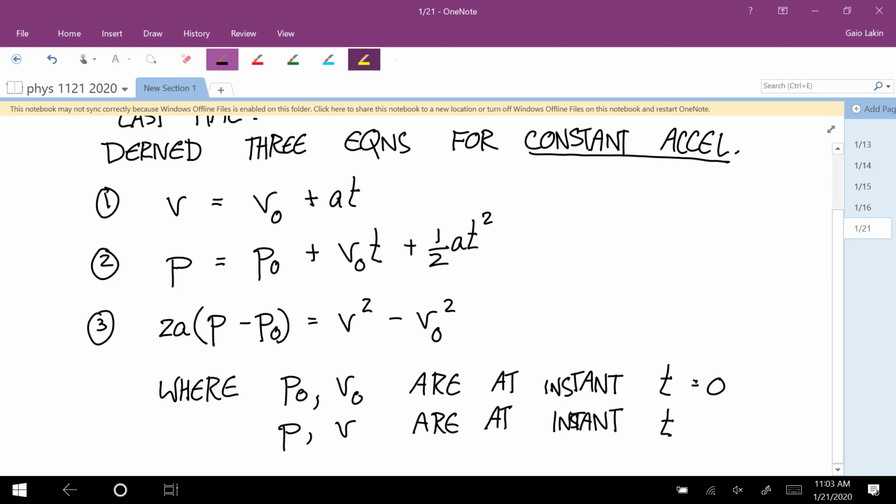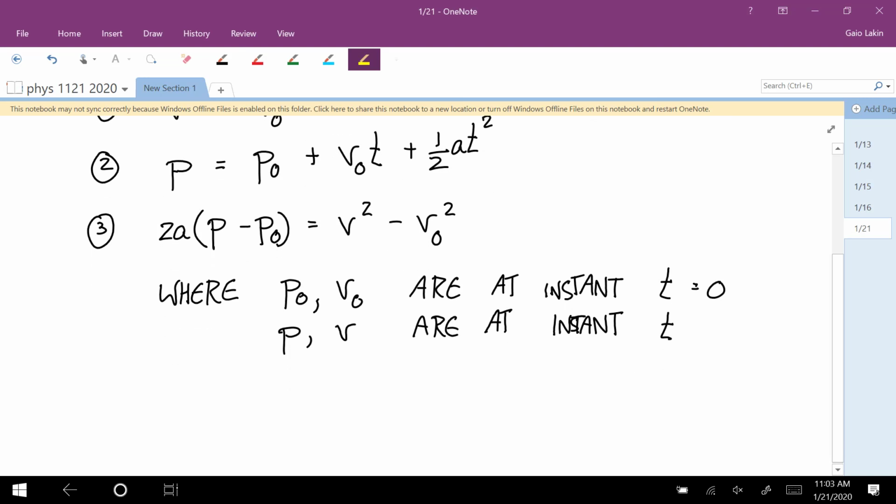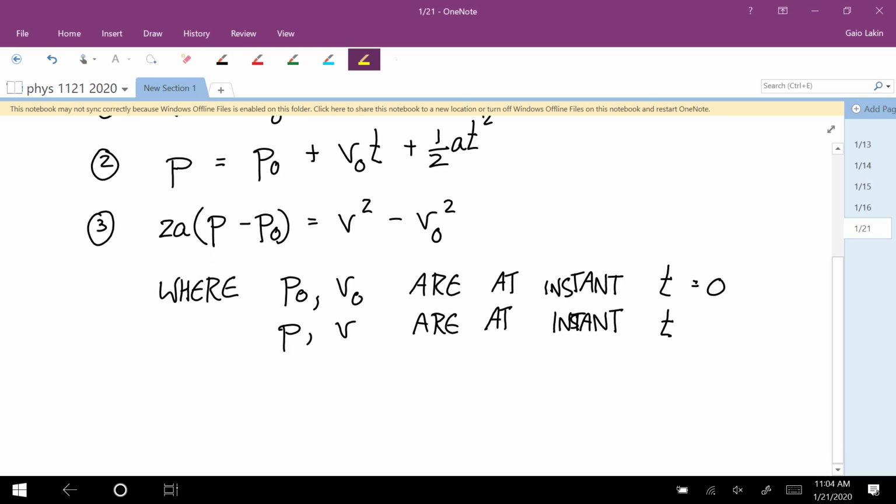Okay, so there's this implied instant t, and that's what you can think of p and v as functions of the time t. What about the acceleration? When does that acceleration occur? Everything is at a single instant of time except the acceleration, and that's because these are constant accelerations. So over this whole interval, the acceleration is constant. Okay, everything else needs to be represented at a single instant. Are you with me on that?